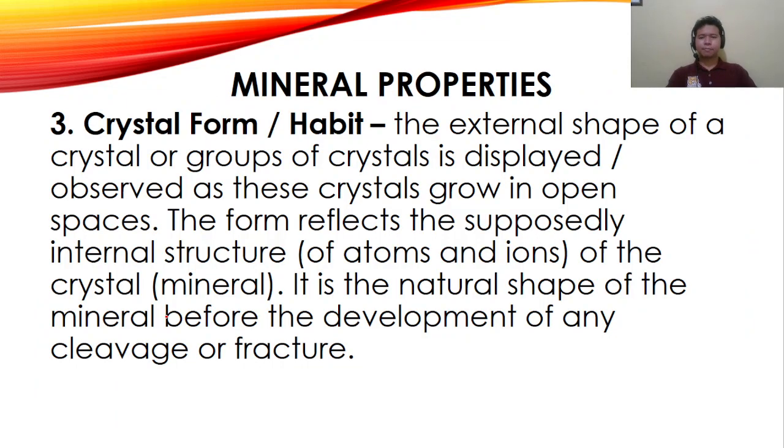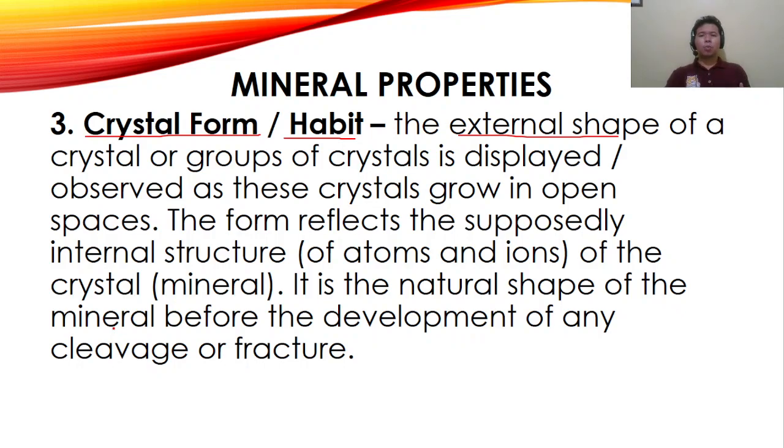Now, there are also other mineral properties, such as crystal form or habit. It refers to the external shape of a crystal or group of crystals which is displayed or observed as it grows in an open space. They are usually determined by the shape of the mineral during its cleavage or fracture.